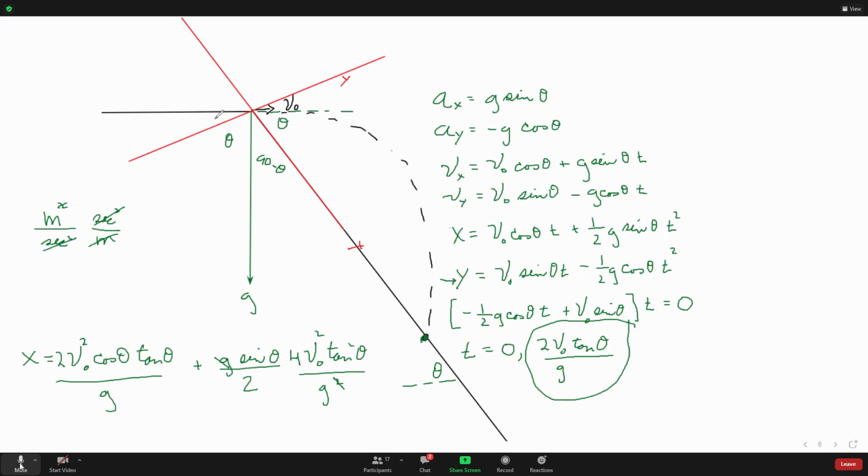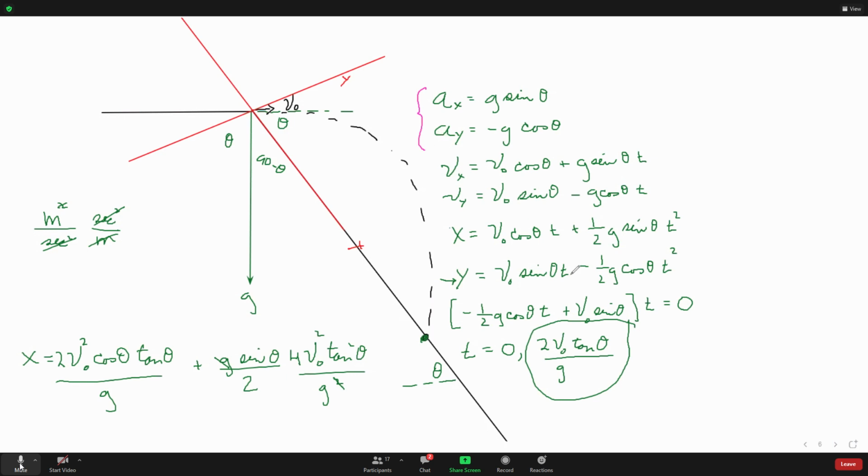I merely rotate my axes so that the positive x-axis goes down the slope and the y-axis is perpendicular to it. Then my procedure for analyzing the motion is identically the same to what we did before, except that I have two components of acceleration, both x and y, not just y.